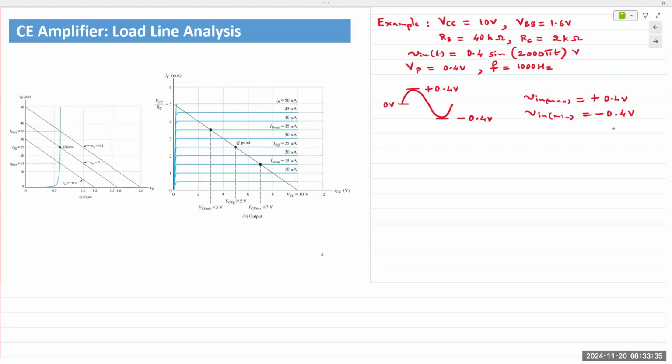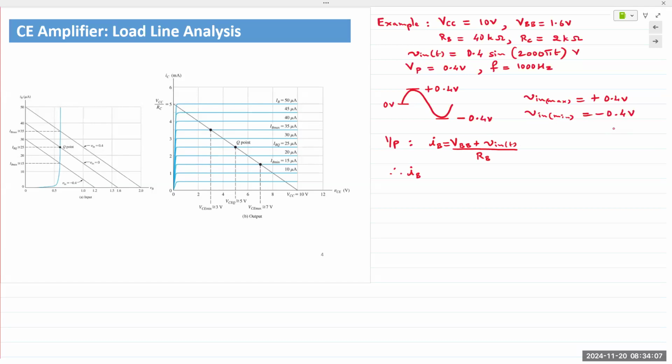So our input KVL was IB is VBB plus Vin(t) divided by RB. If Vin(t) is 0, meaning it's just the DC biasing voltages, then IB, and this would be the Q point, right?